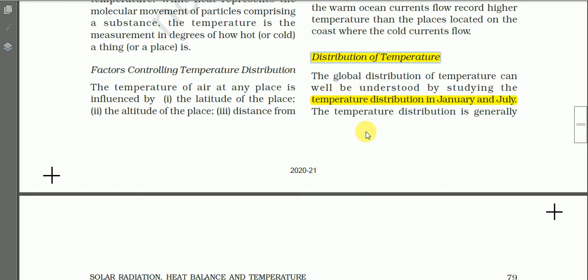So let us read. The global distribution of temperature can well be understood by studying the temperature distribution in January and July. Since we are in the northern hemisphere, January represents the winter season and July represents the summer season.